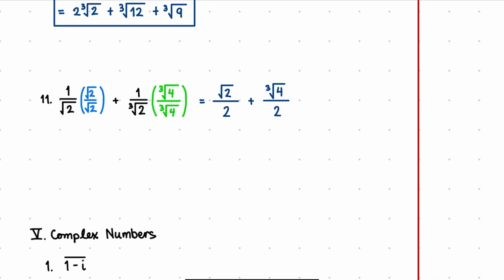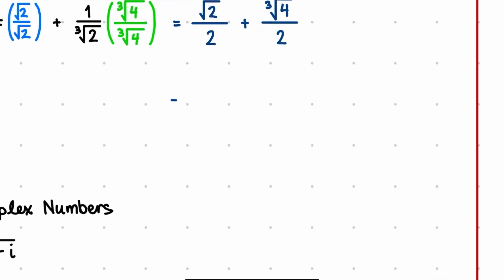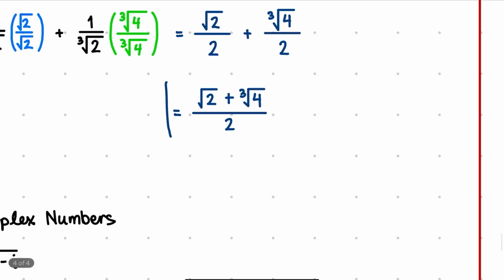And then from here, let's just combine it. And so we'll have here over 2, we'll have square root of 2 plus cube root of 4. And yeah, that's basically the answer for this problem.